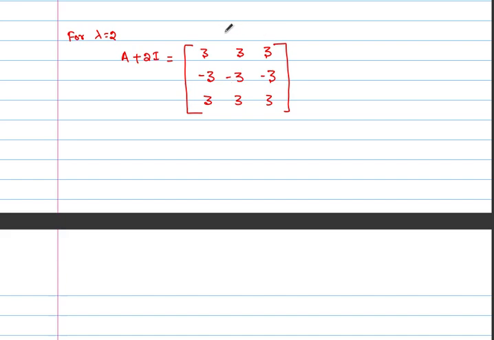Now you take this matrix as C. The null space of C is our eigenvector, correct? So similarly, I take C equal to the given matrix 3, 3, 3, minus 3, minus 3, minus 3, 3, 3, 3.